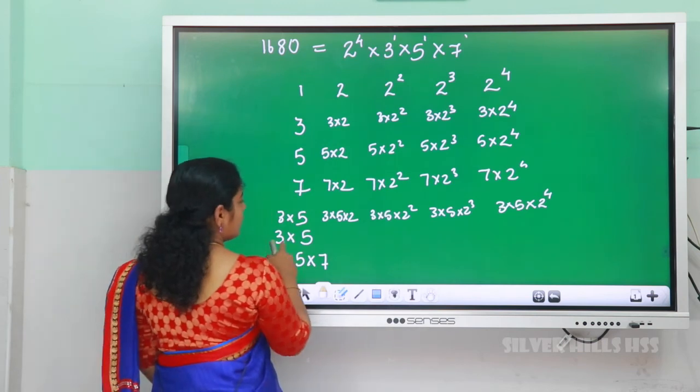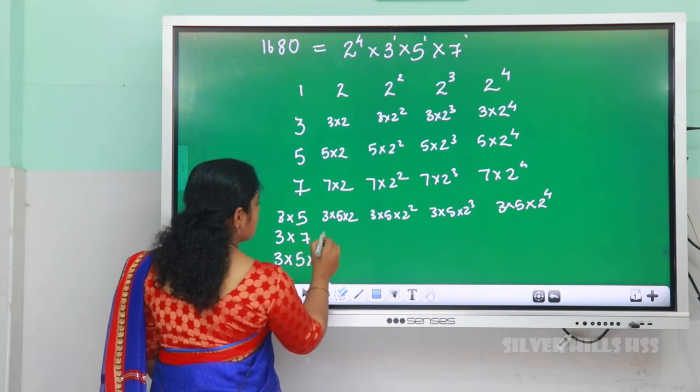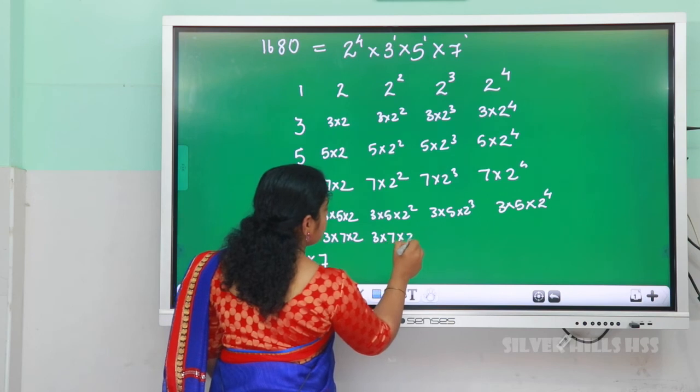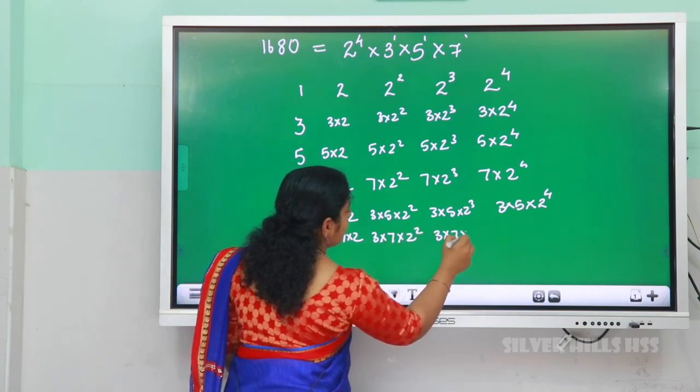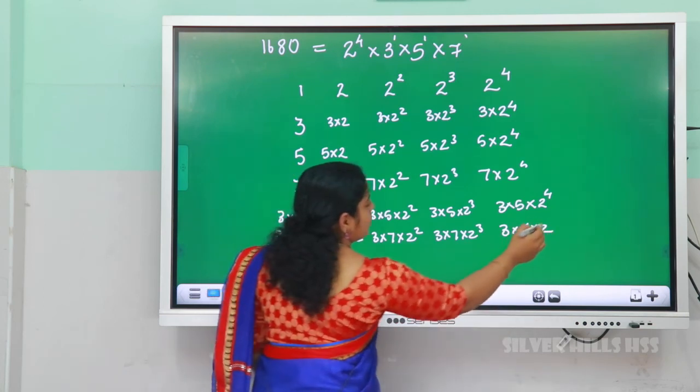Then 3 into 7. So 3 into 7 into 2, 3 into 7 into 2 square, 3 into 7 into 2 cube, 3 into 7 into 2 raised to 4.